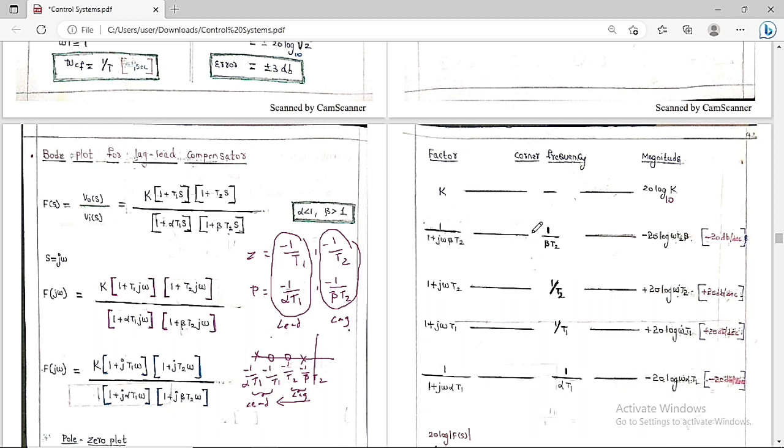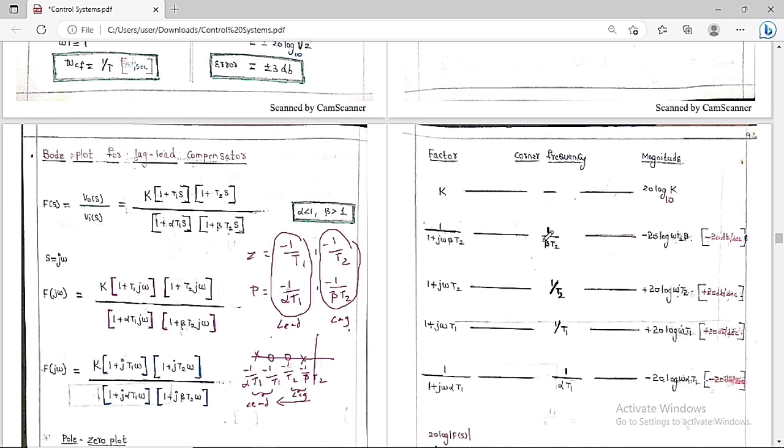What is the cutoff frequency? Cutoff frequency is equal to 1 by the time constant. For 1 by (1 plus sT), the time constant is beta T2. So the cutoff frequency is 1 by the time constant, which is 1 by beta T2.